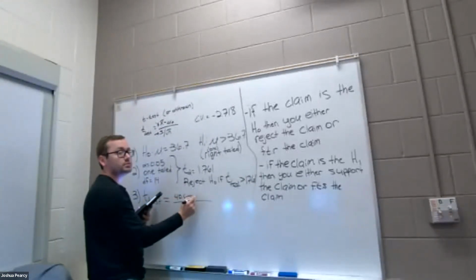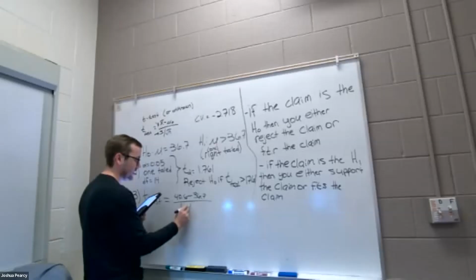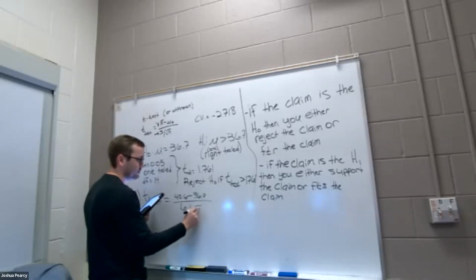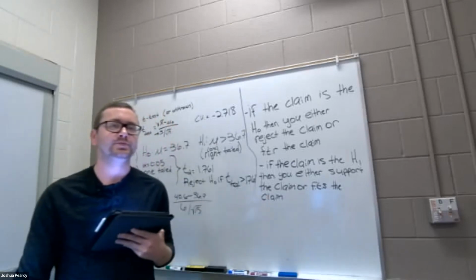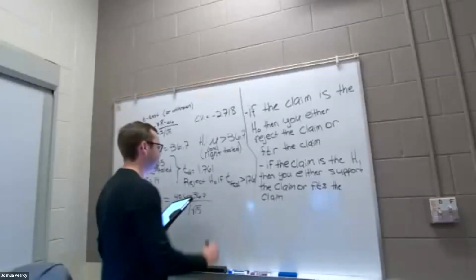What about here? Great. What about right here? And what about here? There. What do you get to 2 decimal places? 2.52.